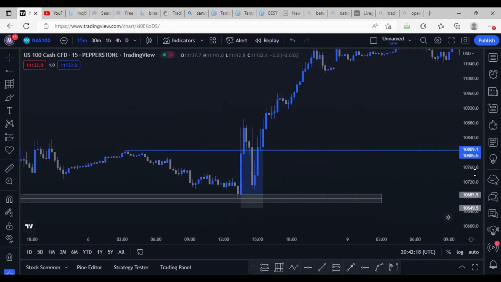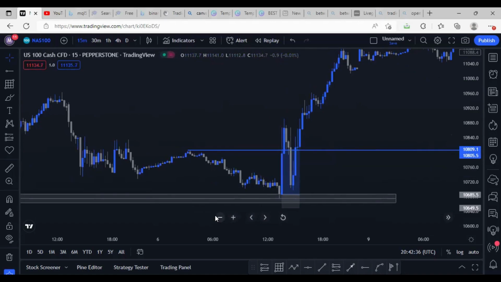NFP was at 9:30, so you should enter a trade maybe 2 minutes or 15 minutes before the actual news release. This applies to every other fundamental trading strategy. Make sure that you enter the trade before the news, because sometimes when you try to enter immediately when the news releases, the trade will have been long gone.